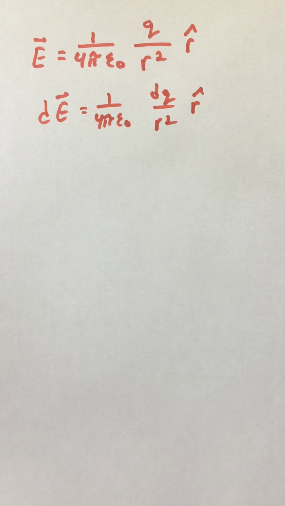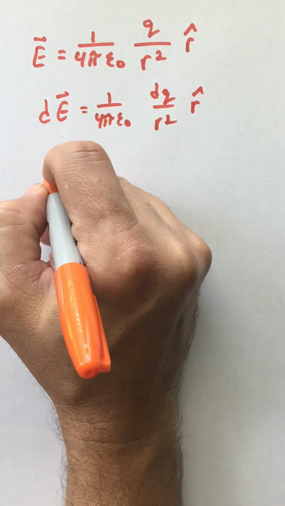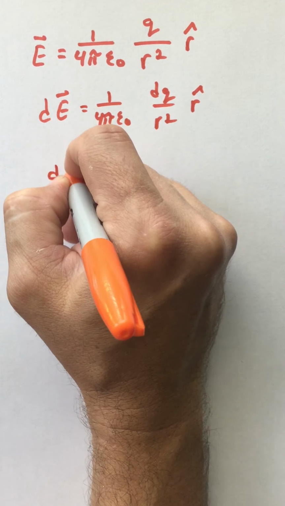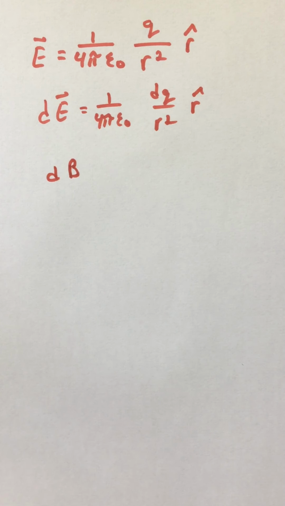Well, I can do something similar for magnetism. So let me introduce you to what's called the Biot-Savart law. I'm going to just write this in differential form because, as it turns out, you're probably never going to use this unless you are actually going to integrate. But it works very similarly.